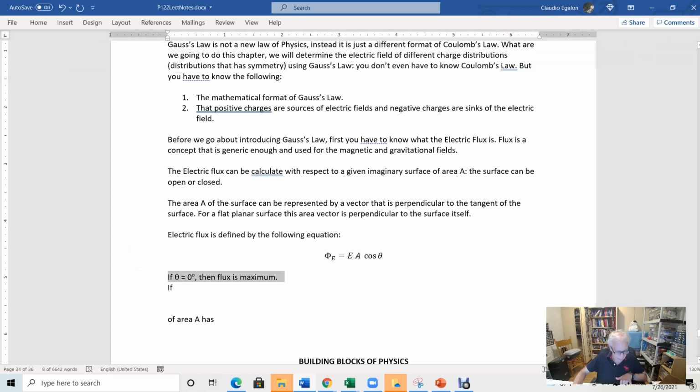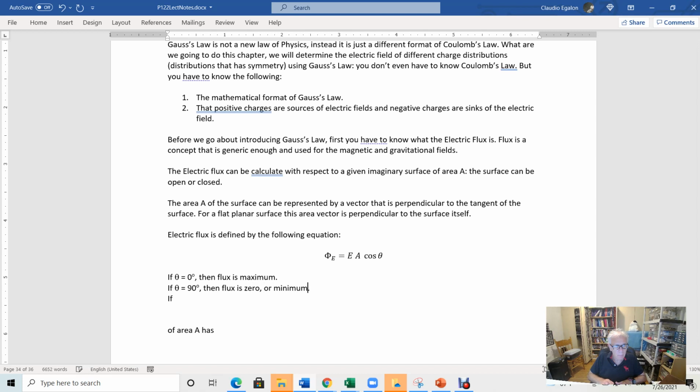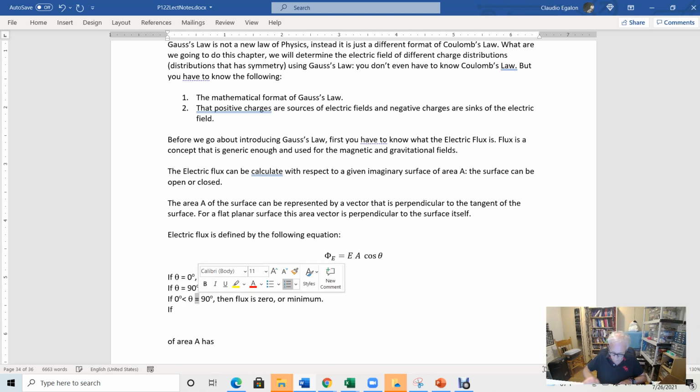If theta is equal to 90 degrees, then flux is 0 or minimum. If theta is between 0 and 90 degrees, then the flux is going to be between. So that's the definition of flux.